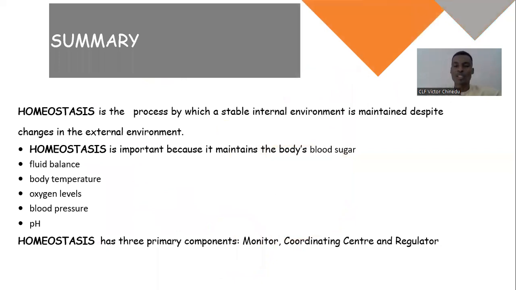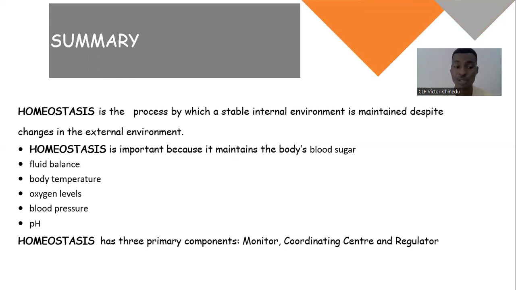All right, guys, so what have we talked about so far? Okay, so we have discussed homeostasis today. We've talked about its definition as a process by which a stable internal state is maintained despite fluctuations in the outside environment. We also said that homeostasis is important because it maintains the body's blood sugar, fluid balance, temperature, and other important parameters and variables in the internal system to ensure that the organism continues to function and to thrive.